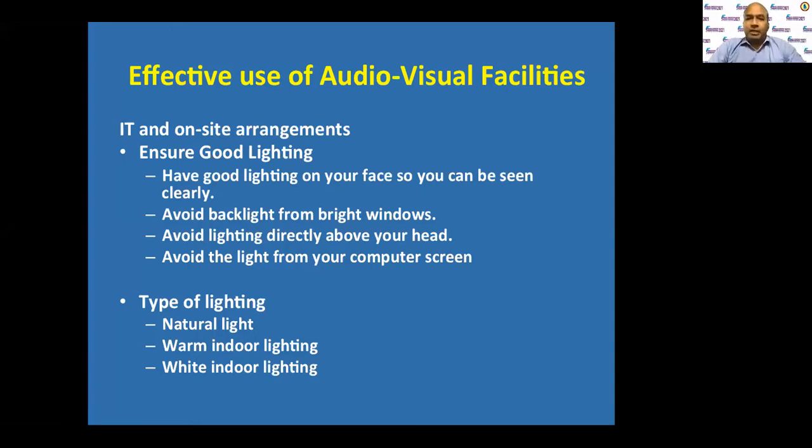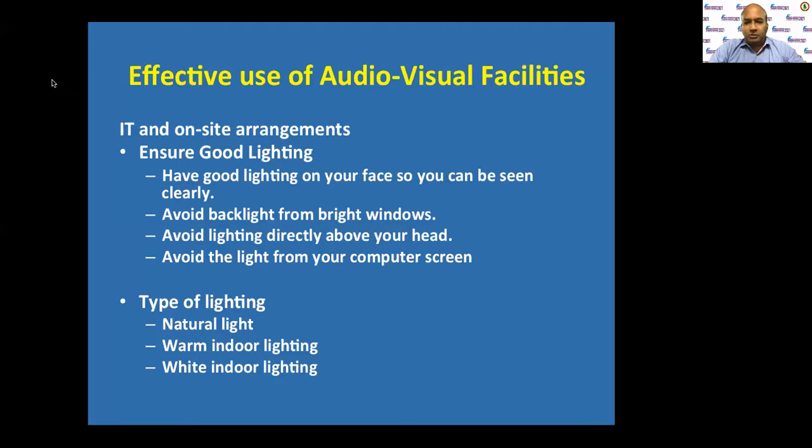So natural light can be used during the day. Of course, today is a little bit gloomy, so the light is probably not optimal. But rather than depending on natural light, there are light sources available now, because there's a lot of online work and Zoom meetings going on. If you are a teacher, it might be worth investing in one of these lights.